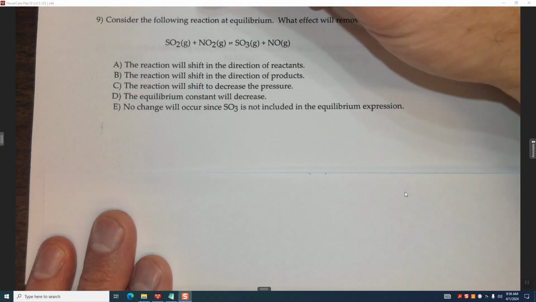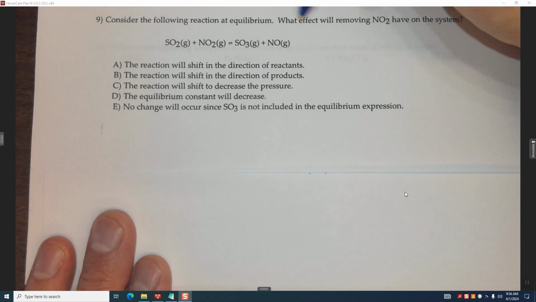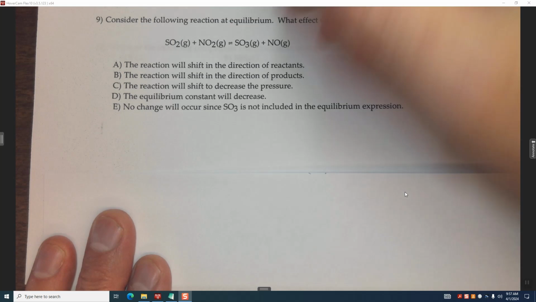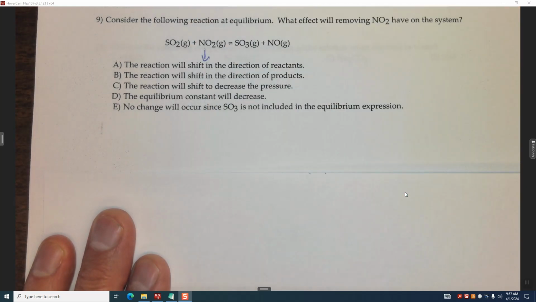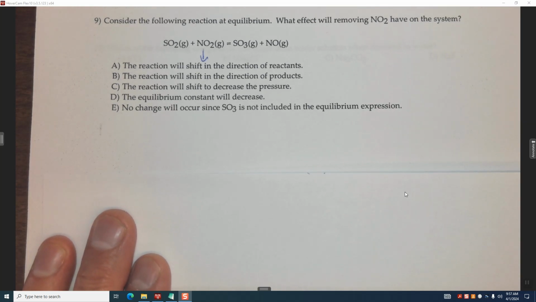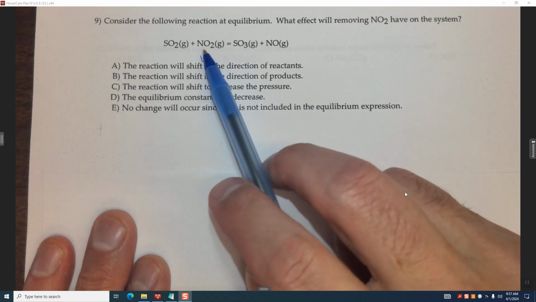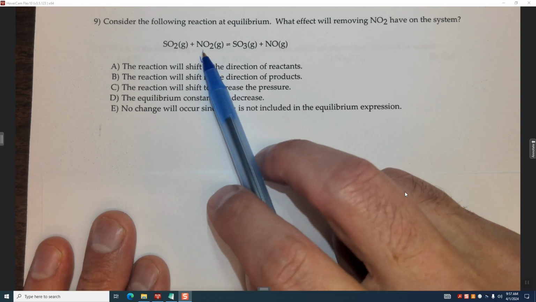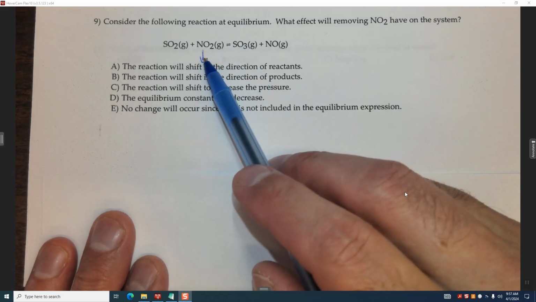All right, it says consider the following reaction at equilibrium. What effect will removing NO2 have on the system? So the concentration of NO2 is going to decrease artificially. Well, Le Chatelier's principle tells us the reaction is going to do what it can to minimize the disturbance in equilibrium. So what the reaction says is, hey, there's not enough NO2 in the system because someone took out some of the NO2.